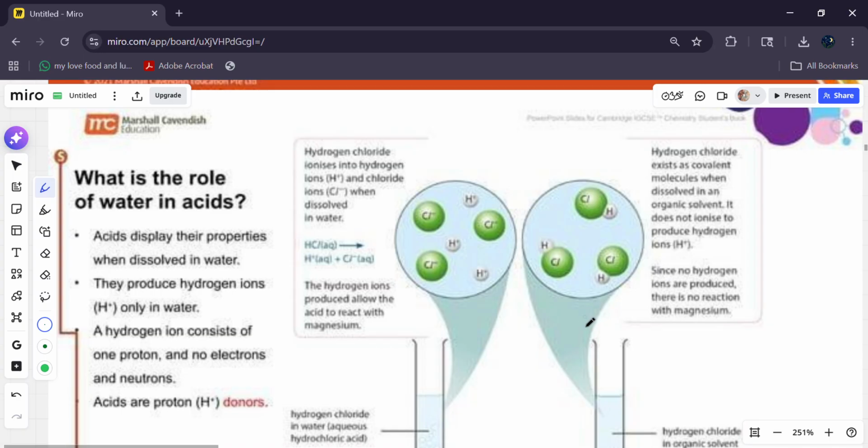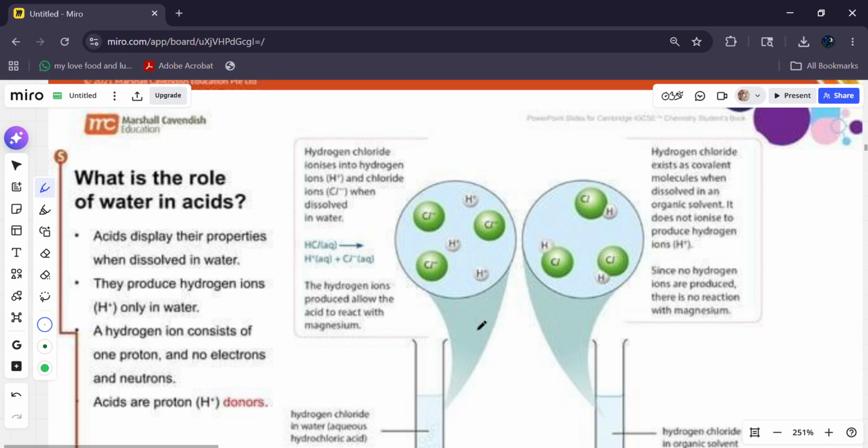This is because hydrogen chloride can exist as different types of particles when dissolved in an organic solvent and in water. When hydrogen chloride is dissolved in water, it ionizes into hydrogen ions and chloride ions, and the hydrogen ions produced allow the acid to react with magnesium. That means hydrogen chloride exists as a covalent molecule when dissolved in an organic solvent.